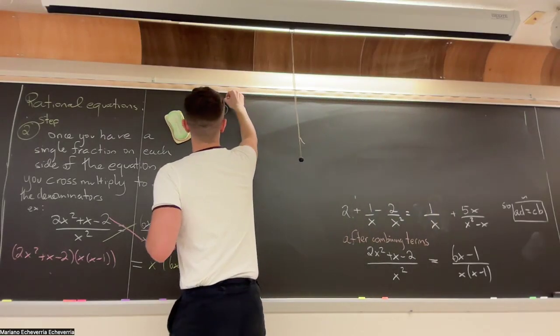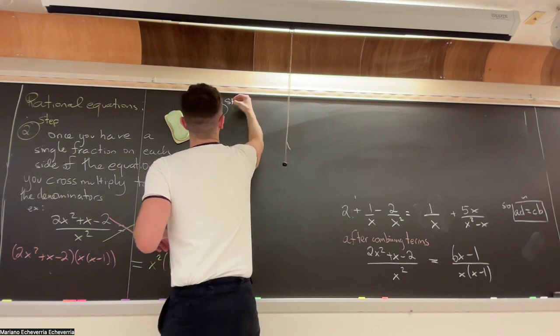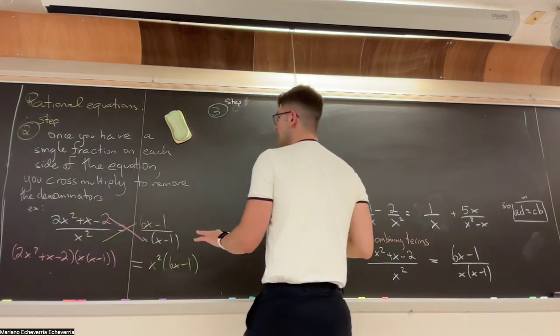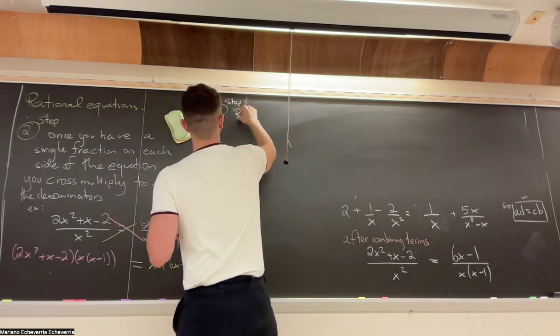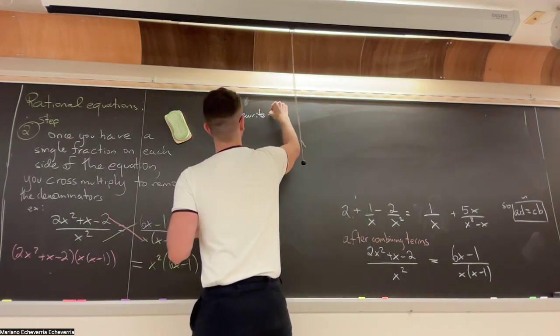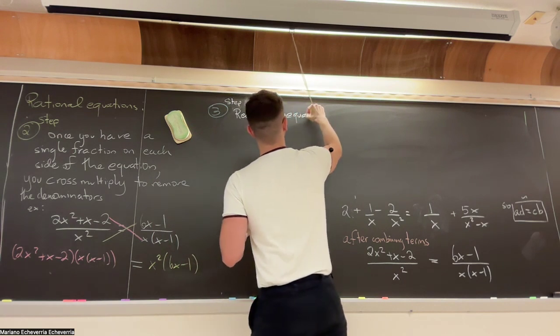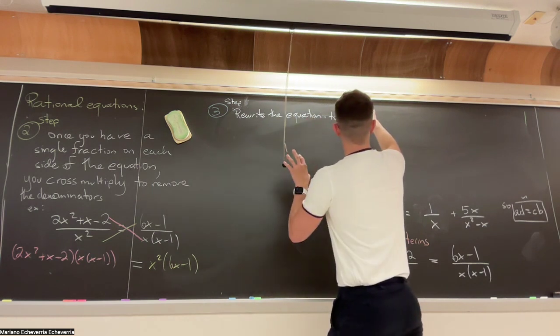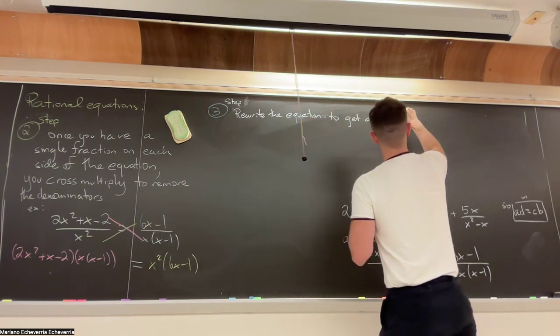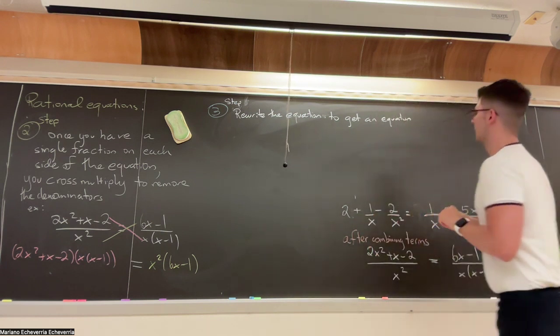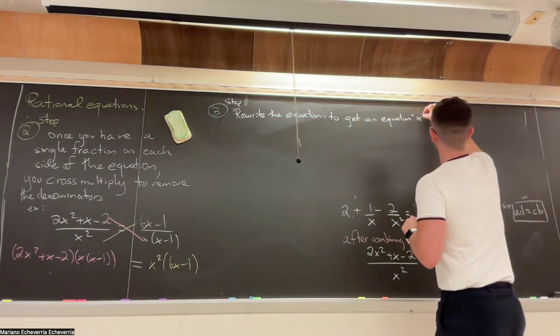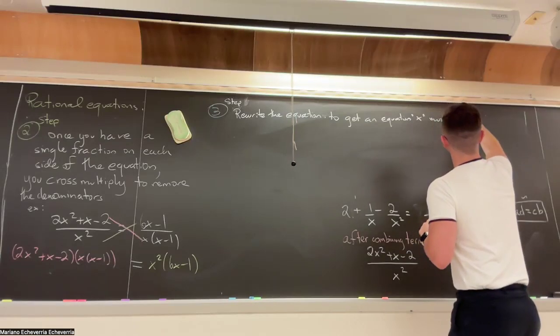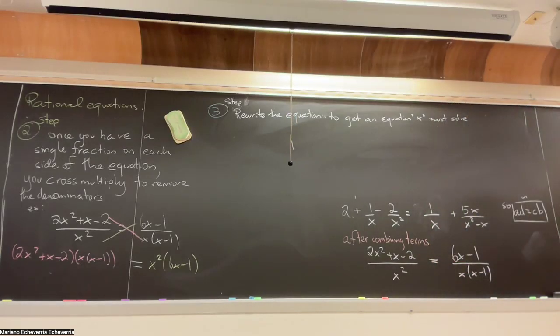So step 3 is to simplify each side or rewrite so you get an equation for x, but with one of the sides of the equation being 0, that's the important thing.